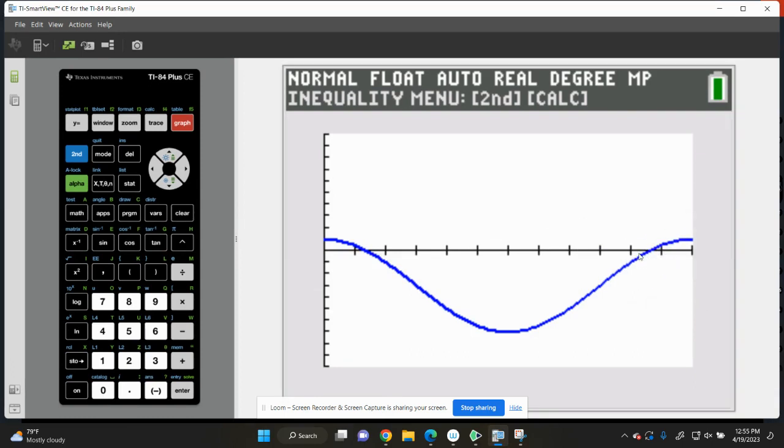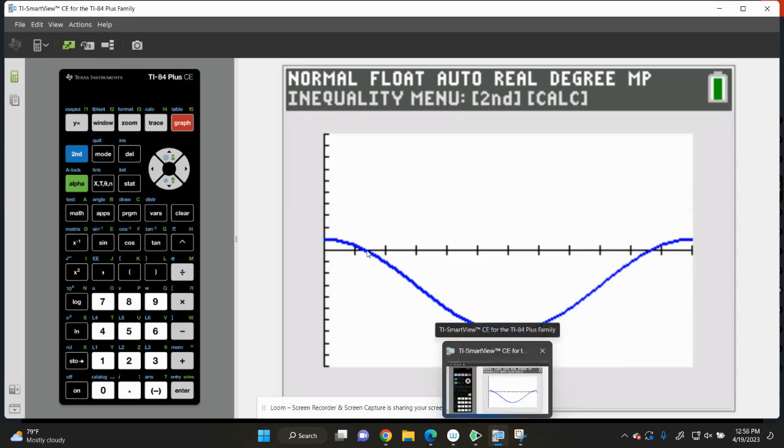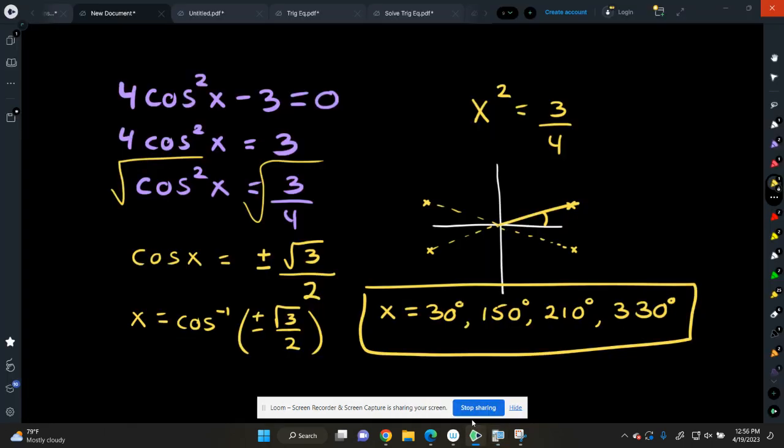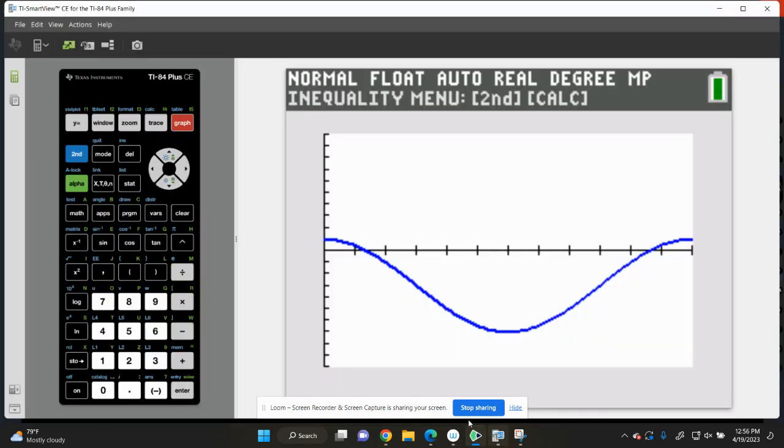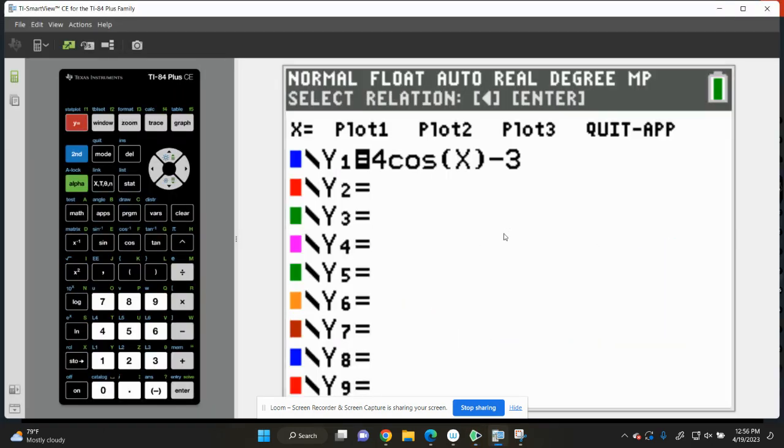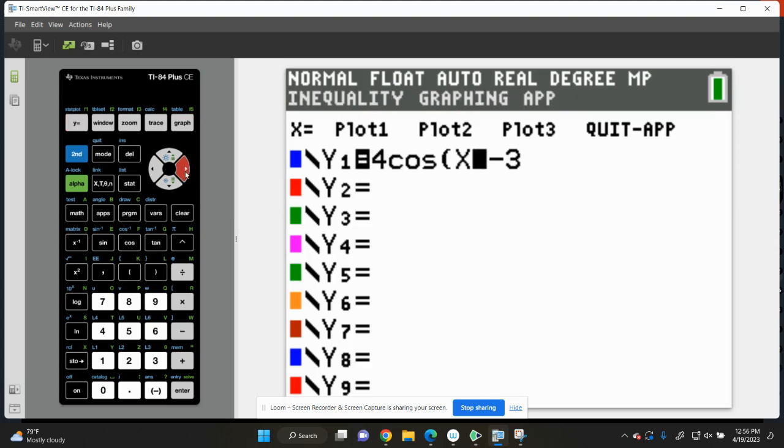So I knew something was wrong. I went back and looked at my equation and I realized I entered it wrong because it should be 4 cosine squared, and I just put in 4 cosine. That's how I discovered the mistake.